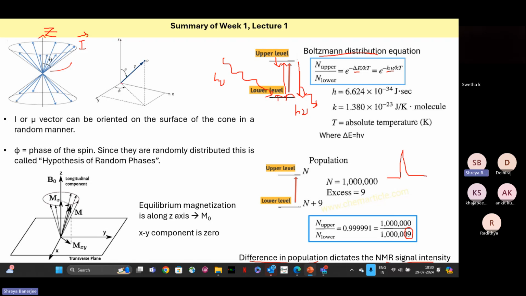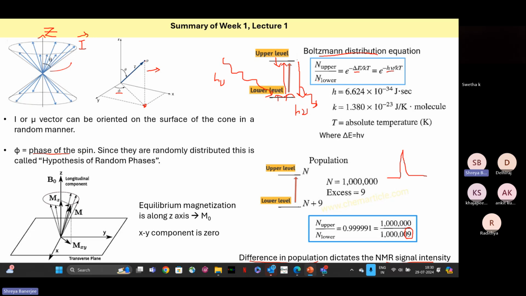Here only one arrow is shown, and if you draw a normal from the end of the vector to the xy plane, this is called a projection. And where this line meets the xy plane, if you draw another line to the origin, then the angle that this forms with the y-axis or the x-axis is represented by phi, and it is called the phase of the spin. So this is the phase of the angular momentum vector.